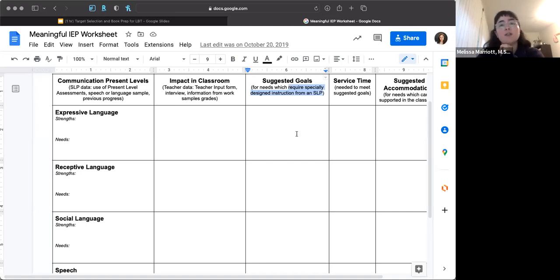In the school setting also, there's a mantra that goals drive services. So however many goals you have and however much time you think it's going to take to meet those goals in a year, that's how much service time you're going to want to write.